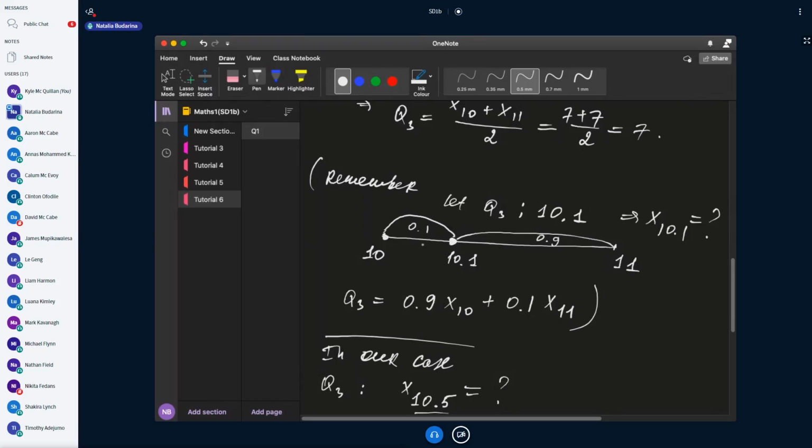So because it is close to 10, I need to take the majority of x10. The 0.9 comes from 1 minus 0.1. So 0.9 multiplied by x10 plus 0.1 multiplied by x11.